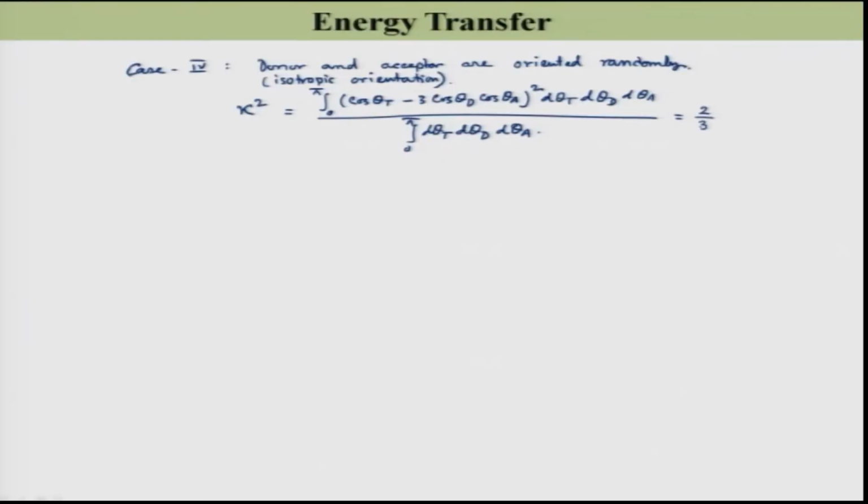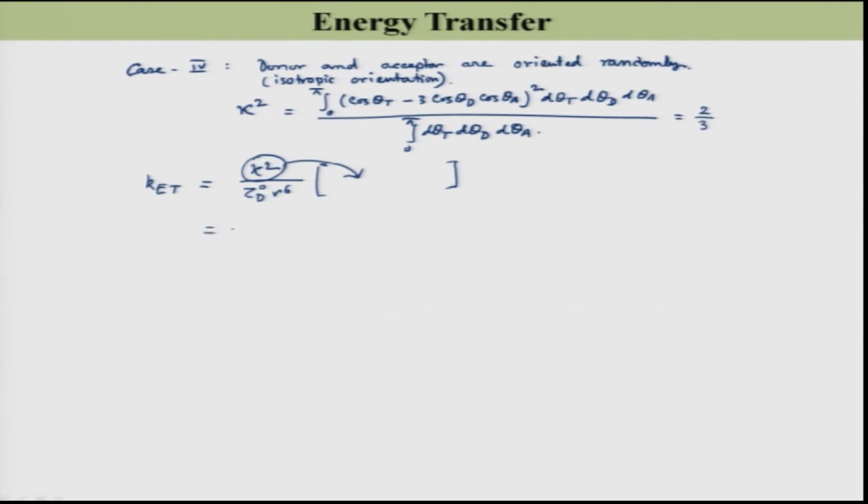Now, you remember our original equation, this k E t, I had written this as kappa square by tau d r to the power 6, then I said this is a constant. So, this should be tau d 0. Now, if I consider this random orientation of this donor and acceptor, then this quantity will also come inside this constant.